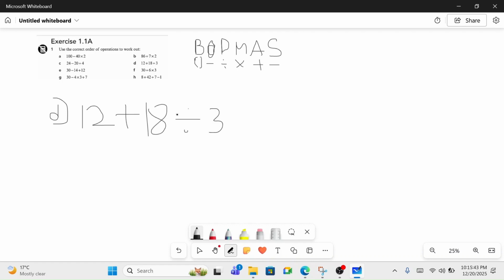Again, division is ahead of addition, so we will do 18 divided by 3 first. So 18 divided by 3 gives us 6. And 12 plus 6 is 18. This is our answer.